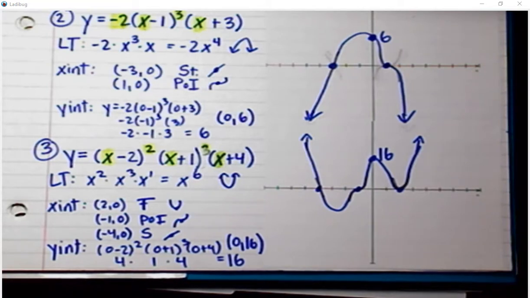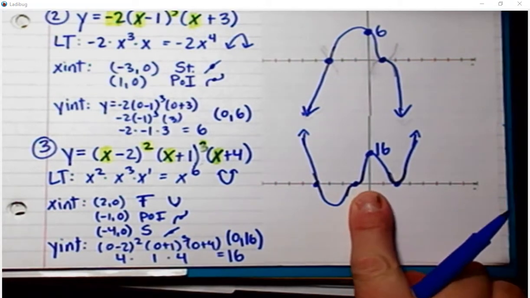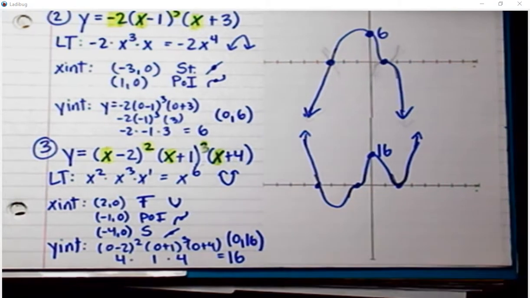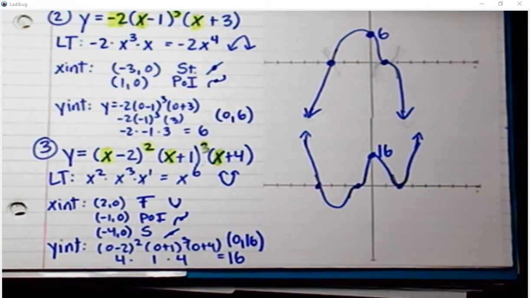Fantastic. You should be able to tell that it flattens here. Okay. Last thing I'm going to tell you today is just a little bit of identifying so that you can do your 5.1.